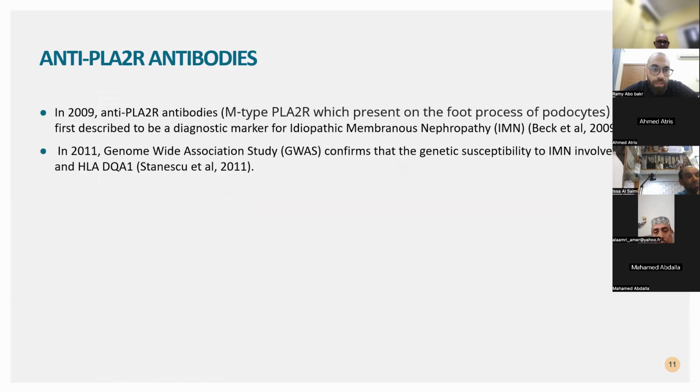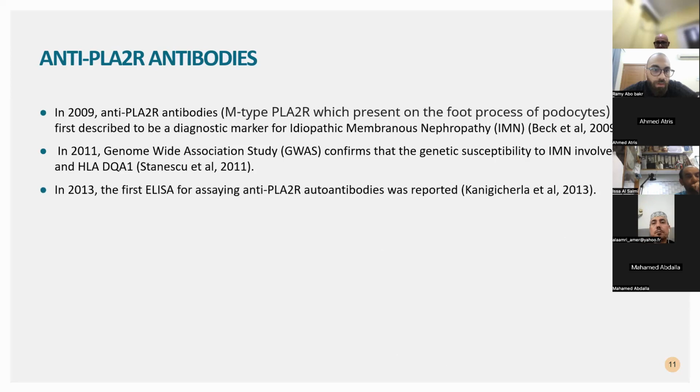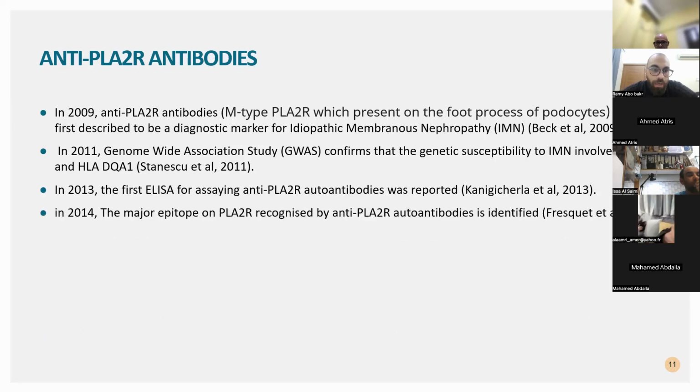In 2011, a genome-wide association study confirmed an association between primary membranous and phospholipase A2 receptor antibody, related to HLA class DQA1. And in 2013, the first ELISA test for assaying the antibodies was reported, and in 2014, the major epitopes were identified.